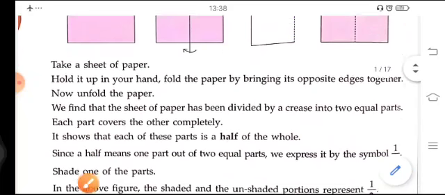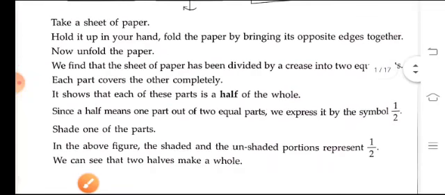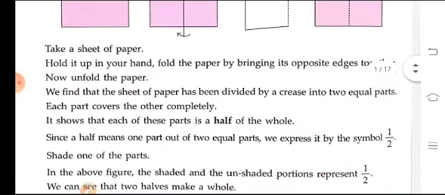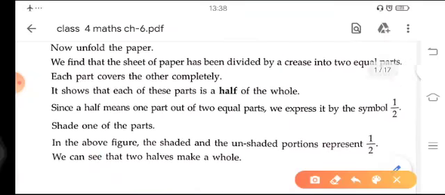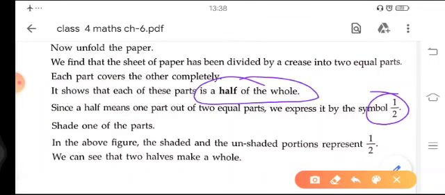So if I say that I had colored a part of this paper, then we are talking about the half of the paper. These two parts are known as the whole, and if we are talking about only one part, then it is known as a half part, right?